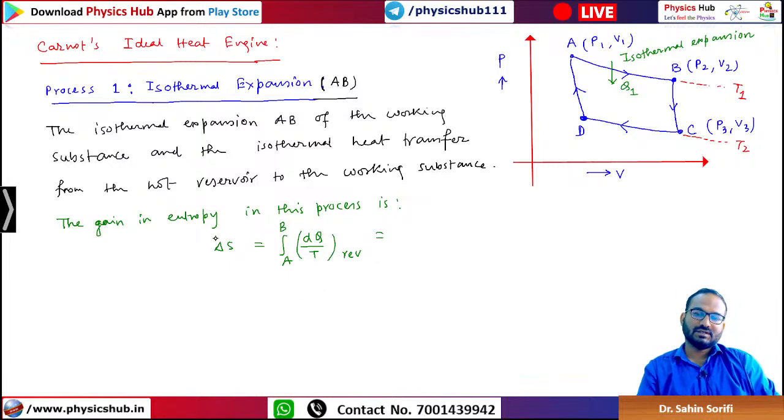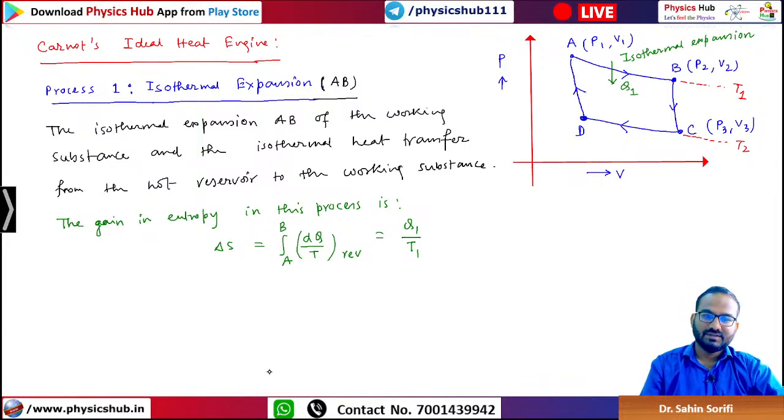We have used the mathematical form of the second law of thermodynamics. So what is the heat transfer? It is Q1, and at what temperature has it been carried out? It is T1, so it is Q1 by T1. This is the gain in entropy.